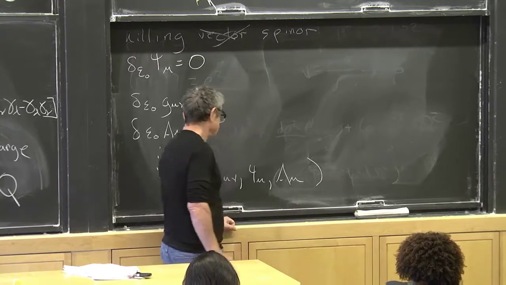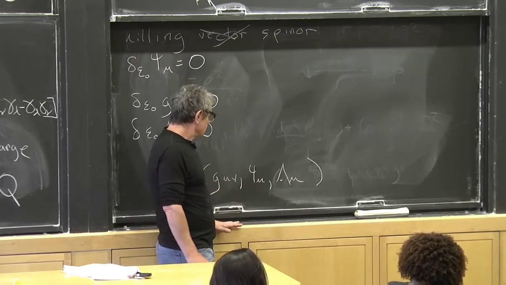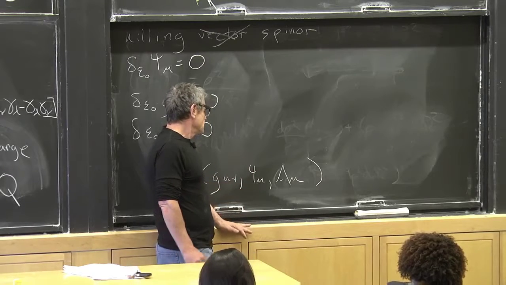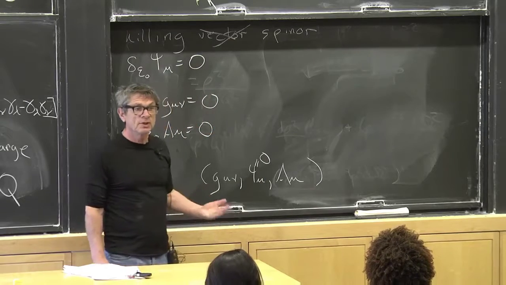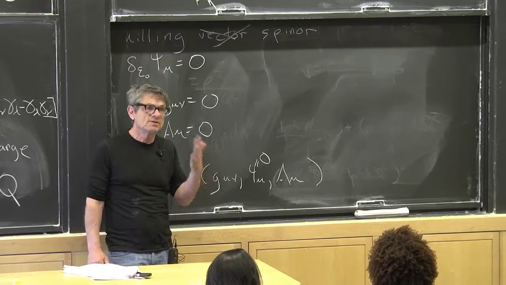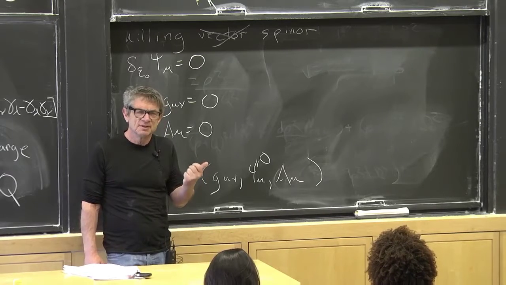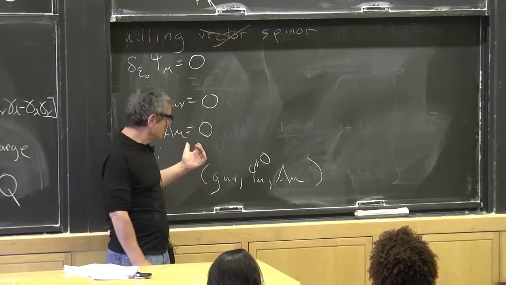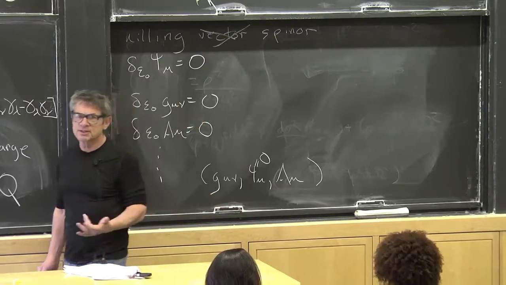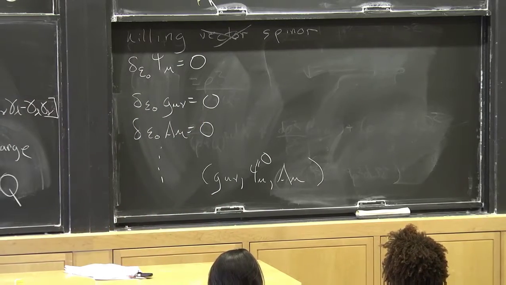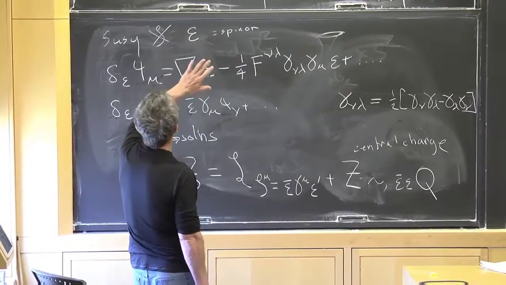And generally, in fact almost always, one considers solutions in which the Rarita-Schwinger field and all the fermions are just 0. There is some discussion, especially when talking about supersymmetry breaking, of contexts in which these things should be non-zero. But for most applications, we'd be considering solutions in which the spinor fields are 0.